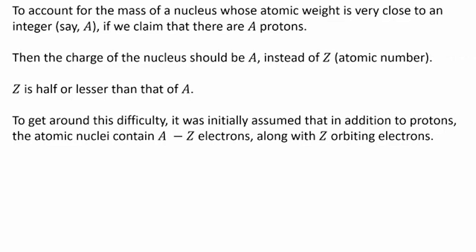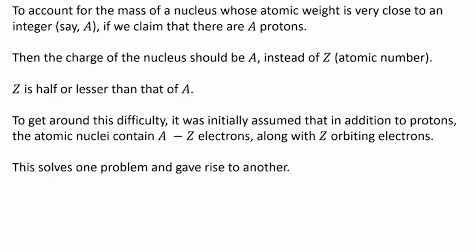So there are Z electrons in the extranuclear region, which means outside the nucleus, orbiting in various energy levels, and there are A protons and A minus Z electrons inside, such that the electrical neutrality is at least satisfied. But that of course is not the case, because this would give rise to other problems, as we will see. It solves one problem and gives rise to another.